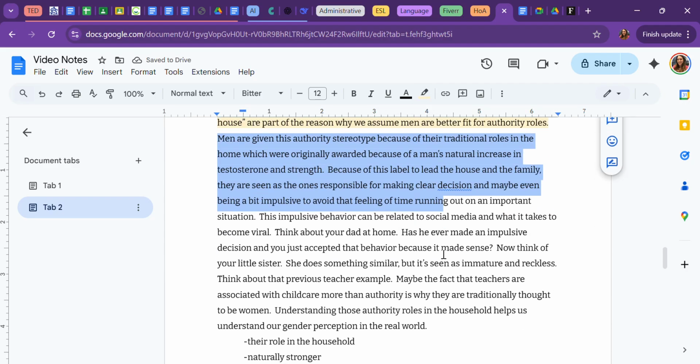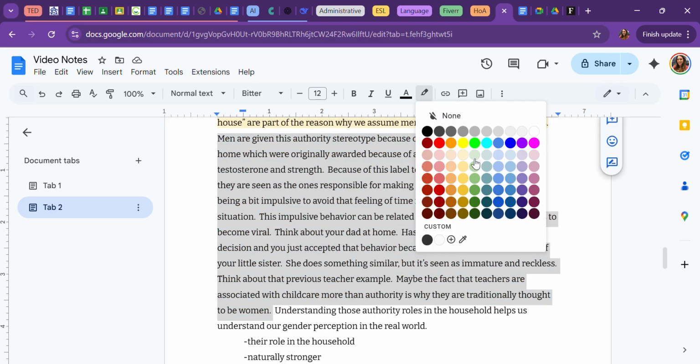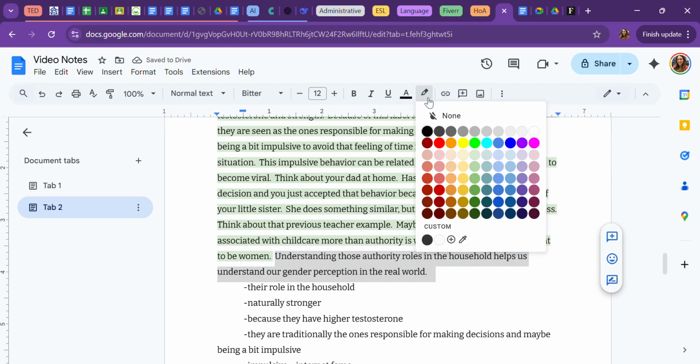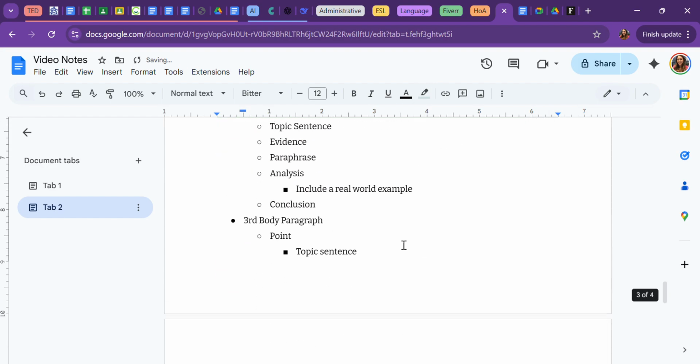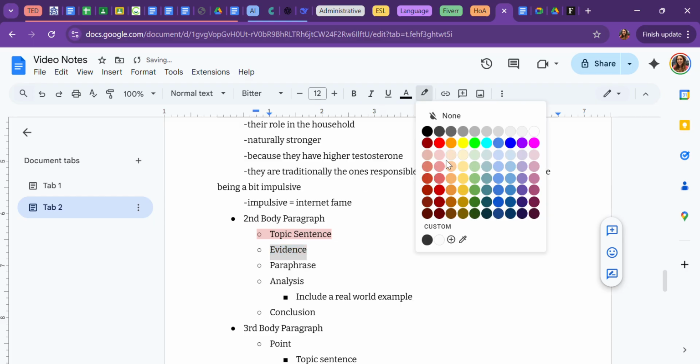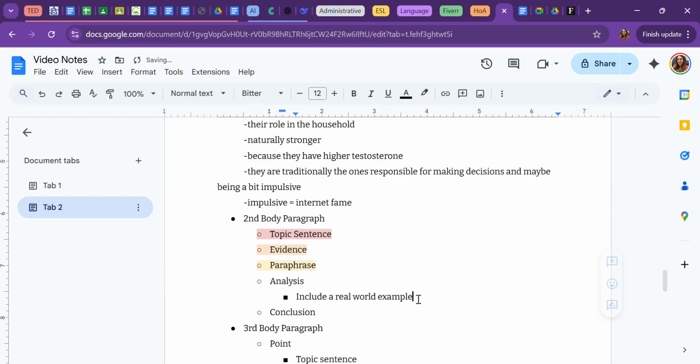This is my analysis. It's all of this beautiful analysis. We love it. And then lastly, this is my conclusion. Did I highlight these in colors? Of course not. So you can see it now. Topic, evidence, paraphrase.